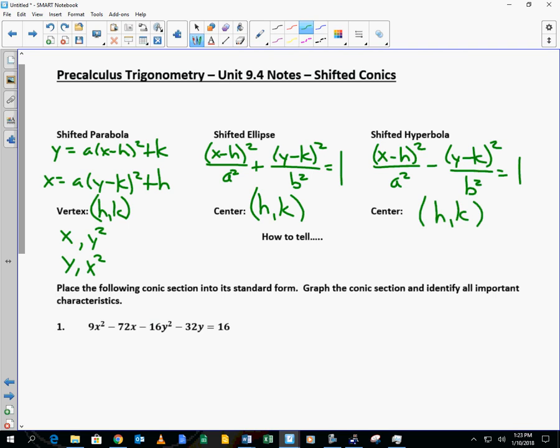An ellipse, you're going to have x squared and y squared, but they're both going to be squared, and they're both going to be positive. How is that different from a hyperbola? You have x squared and negative y squared, or y squared and negative x squared.